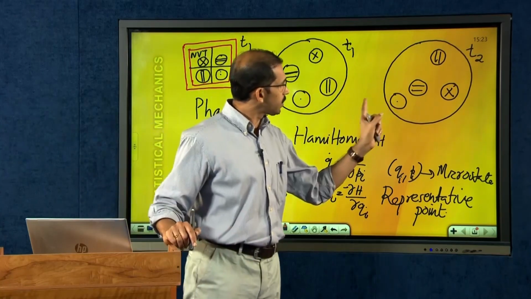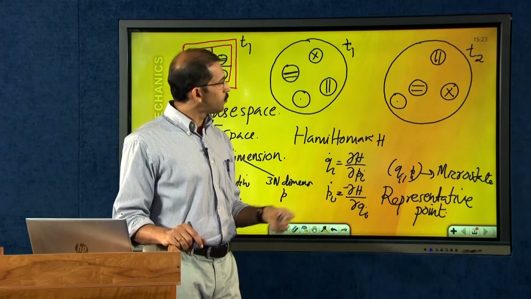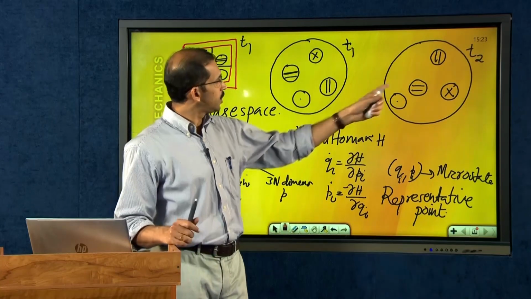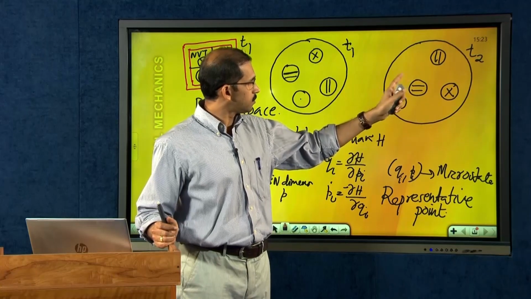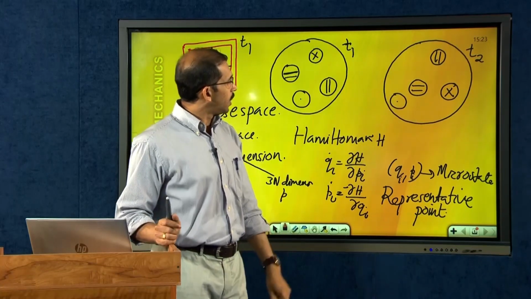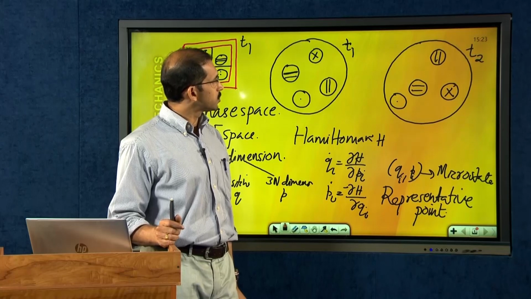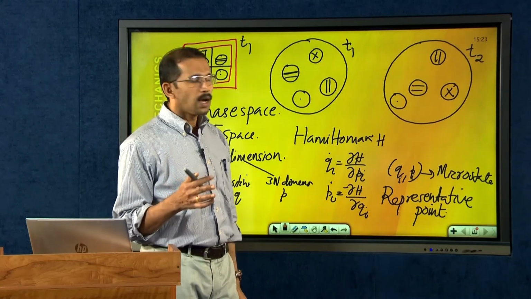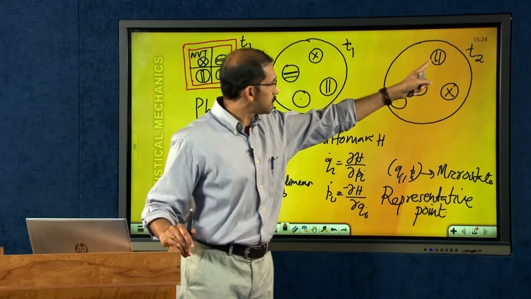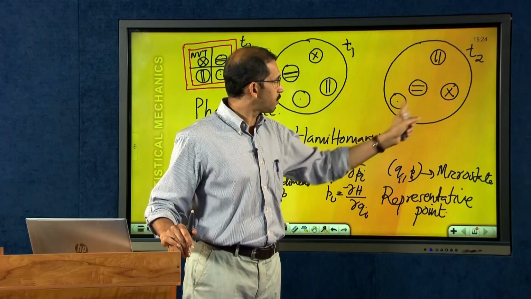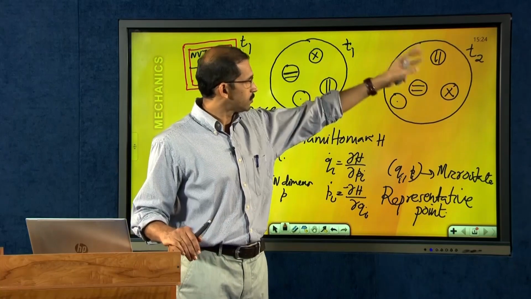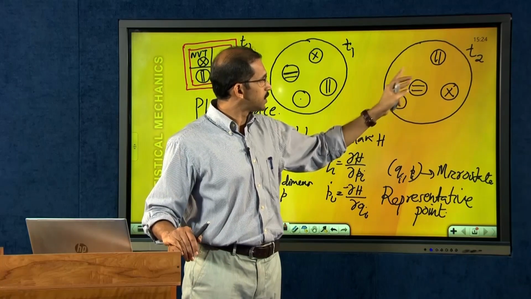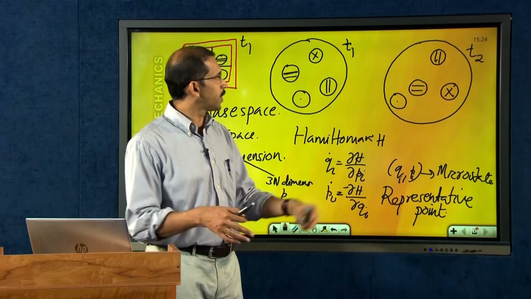This is a sphere, and I allow you to choose any volume in this hypersphere or the phase space, and I ask you how many microstates. I have represented here 4 microstates for representative purpose. There will be many more. I did not want to make the picture more confusing by drawing more and more microstates.